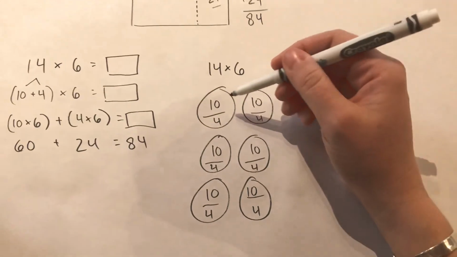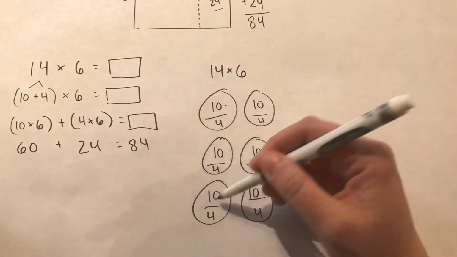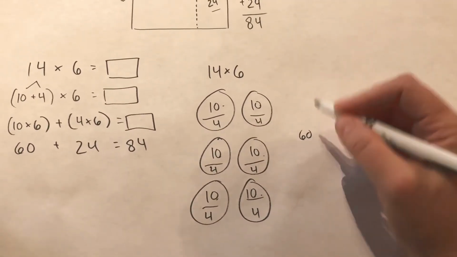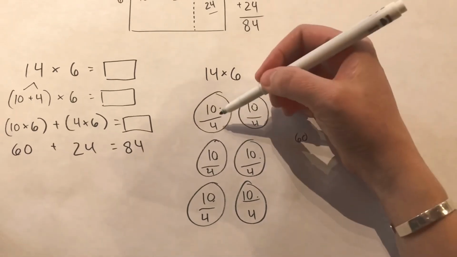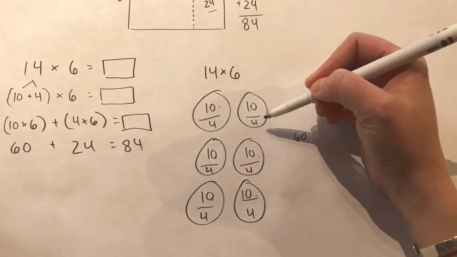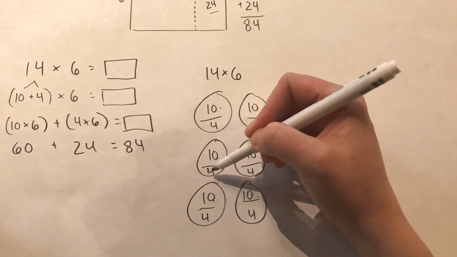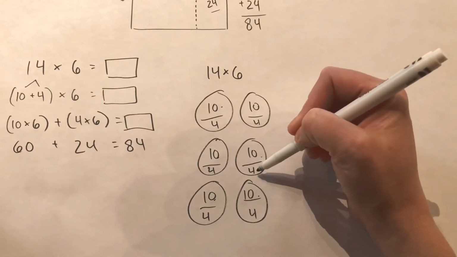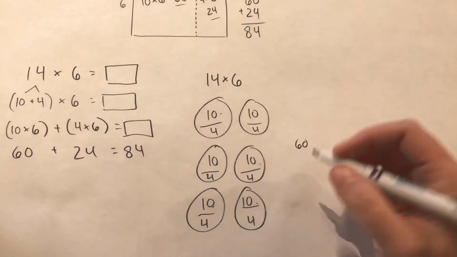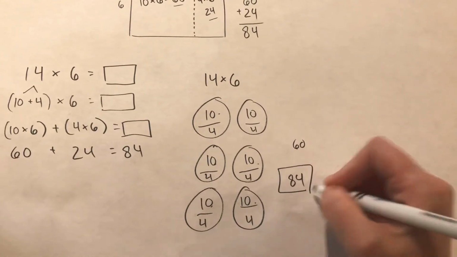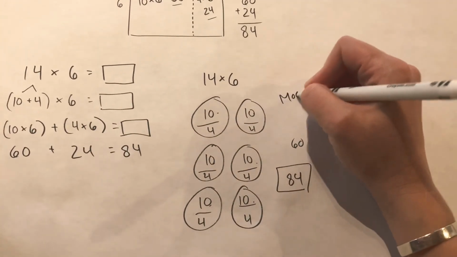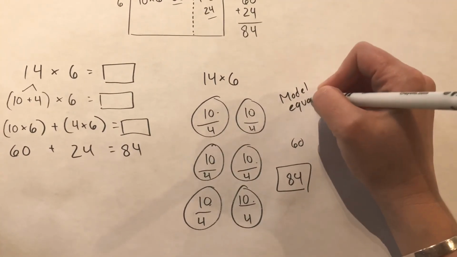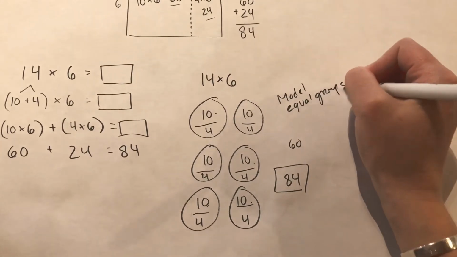He would say, okay, 10, 20, 30, 40, 50, 60. And he would add on 64, 68, 72, 76, 80, 84. So he was using models of equal groups, and skip counting.